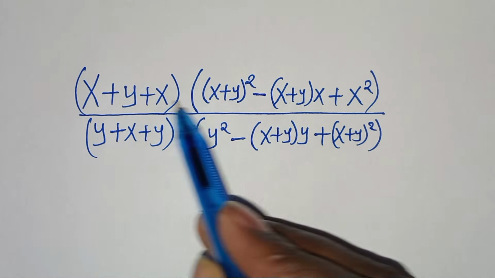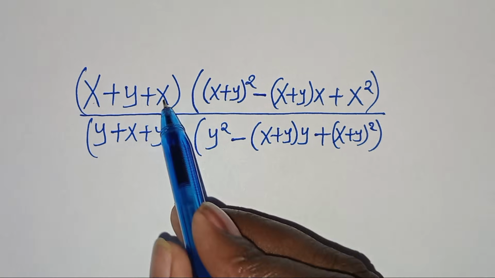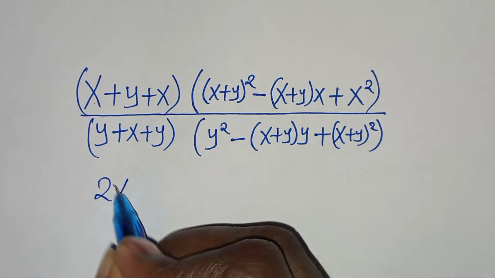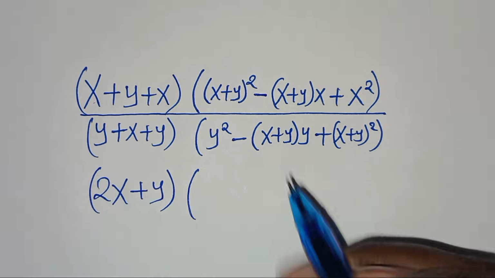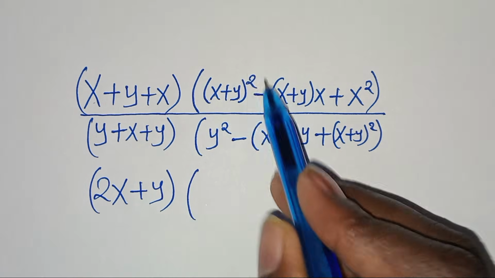Now this implies that in the numerator, x plus x is 2x, so we have (2x plus y), times (x plus y) squared.